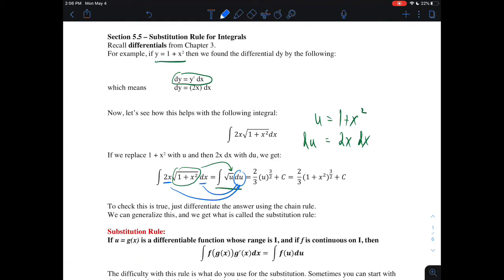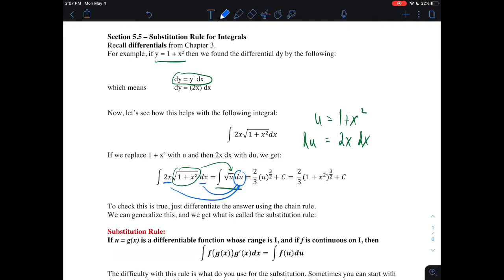Then, integrating, square root of u is just the same thing as u to the 1/2 power. So the antiderivative would mean increasing the power by 1, so u to the 1/2 becomes u to the 3/2. But then I have to divide by the new power, which means the same thing as multiplying by the reciprocal of 3/2.